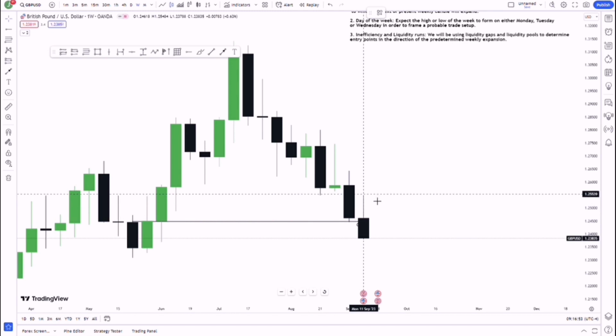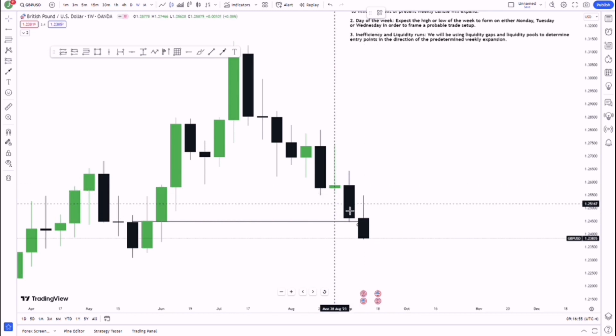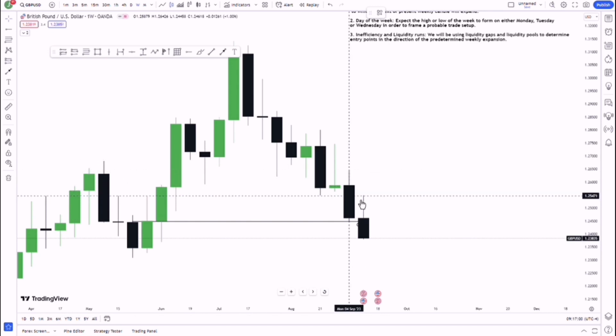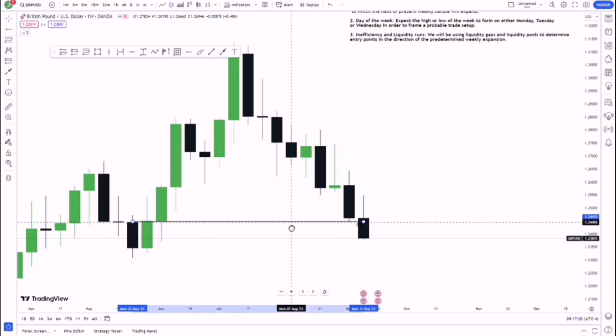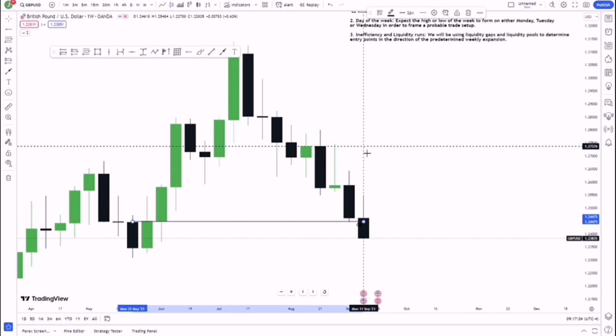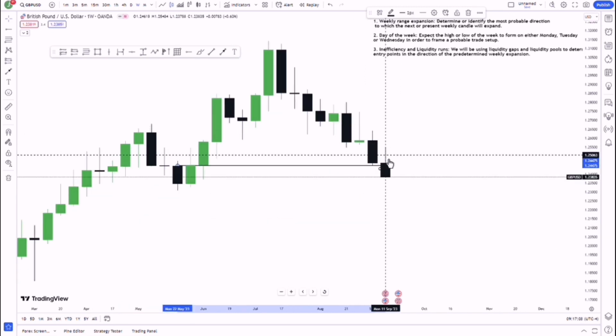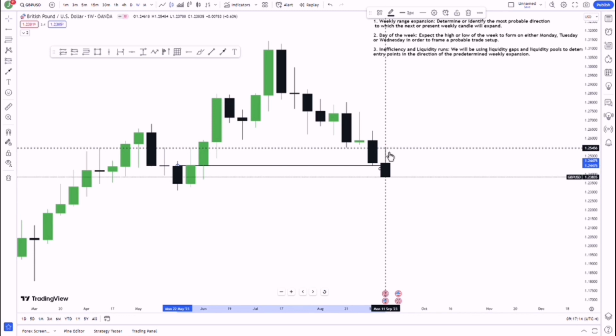So two things could have happened. Firstly, we could have had an expansion to the upside, meaning that if that happened, then we'd have a change of direction. Another thing that could have happened is that the market could have simply bought after opening on Monday and then sold for the rest of the week.